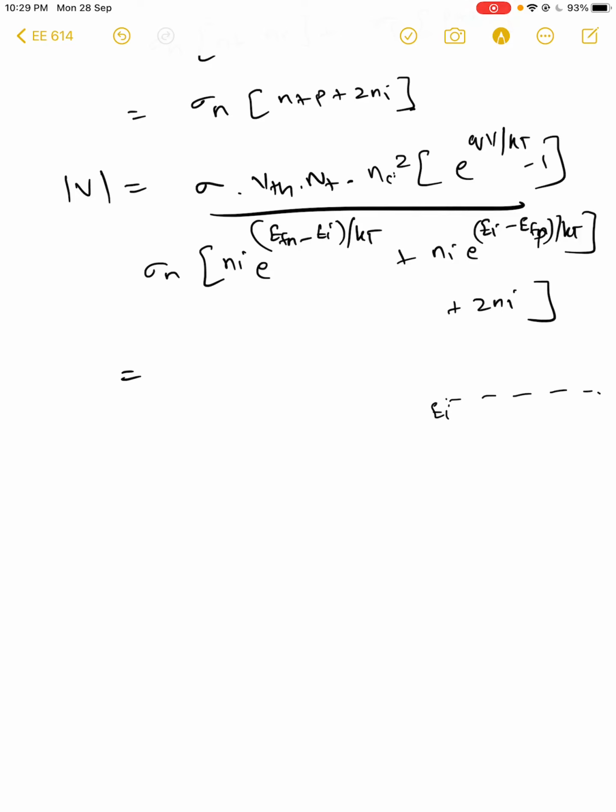If the applied bias falls like this, this total thing is going to be the EV, the potential applied. This is EFn, this is EFp, and this will be EV by 2, and this will be EV by 2, right? So EFn minus Ei is basically EV by 2, right?